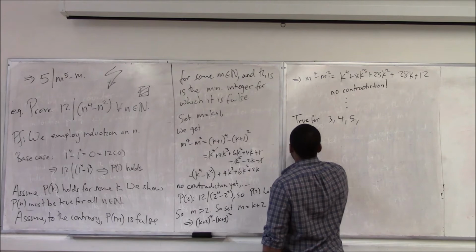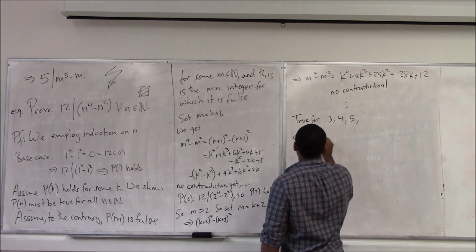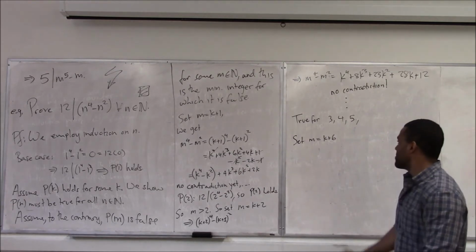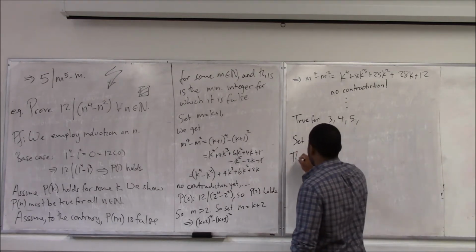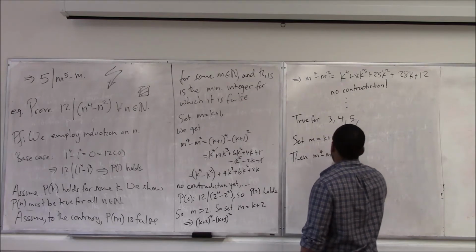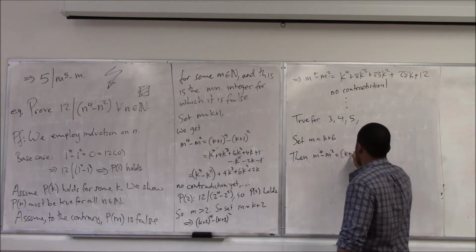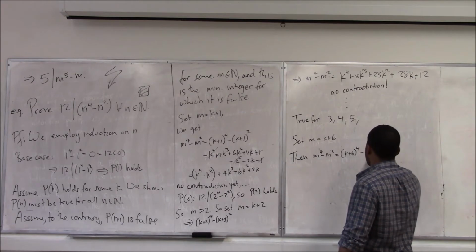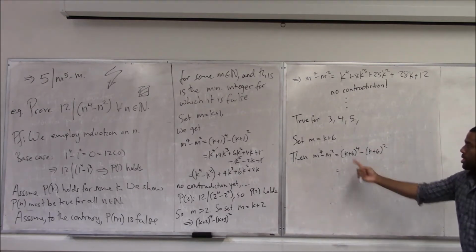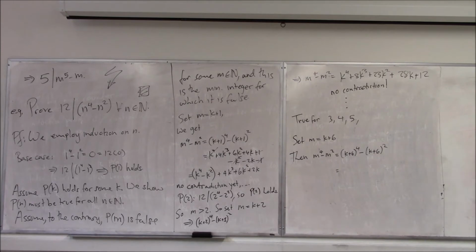So here, set m equals k plus 6. Then you look at this guy, minus m squared. You get k plus 6 to the 4th minus k plus 6 squared. Right, so I keep bumping up the guy that I'm using.